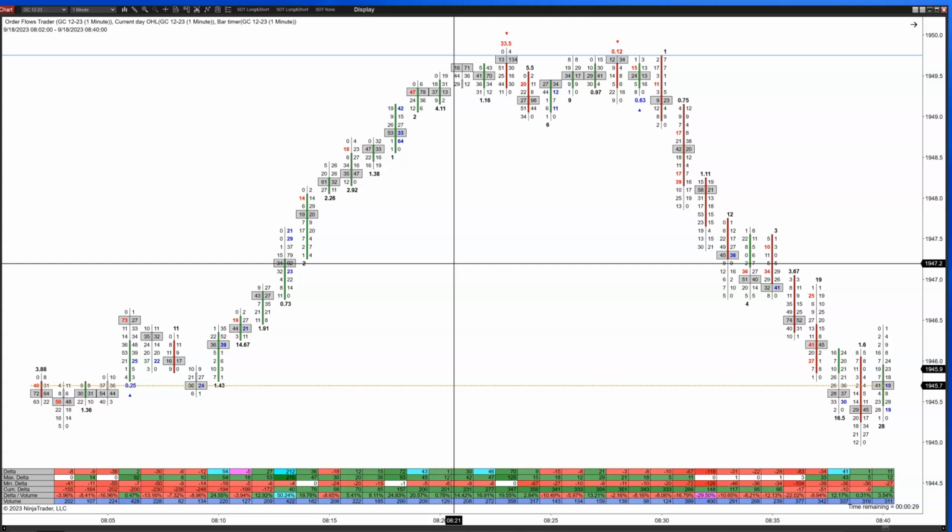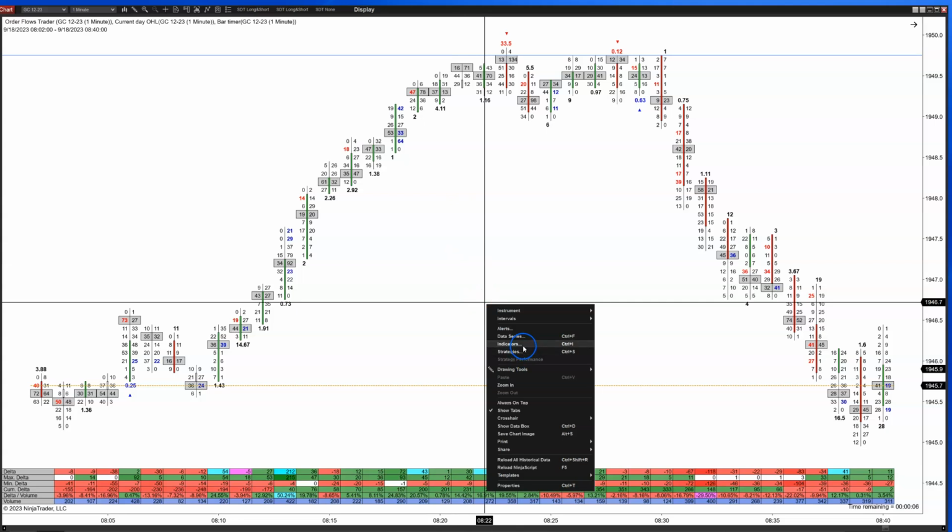Because all day long, markets make swing highs, make swing lows, and if there was something in the order flow that I could identify, something tangible, that if I see the market coming up to a swing high, I can say, aha, I've seen that before, I know what to do.